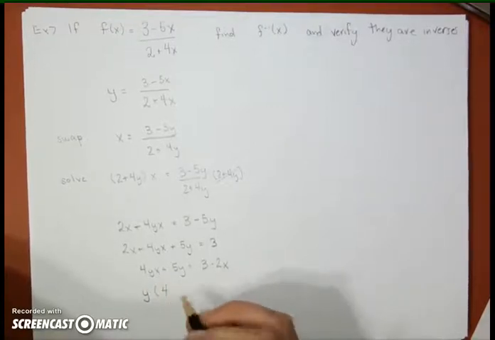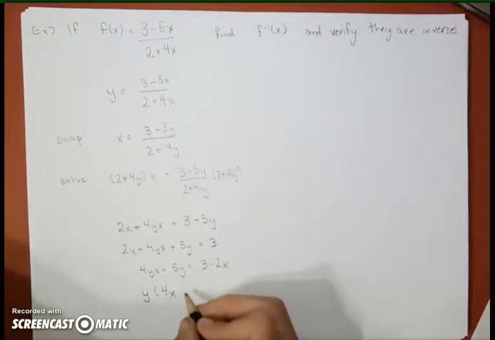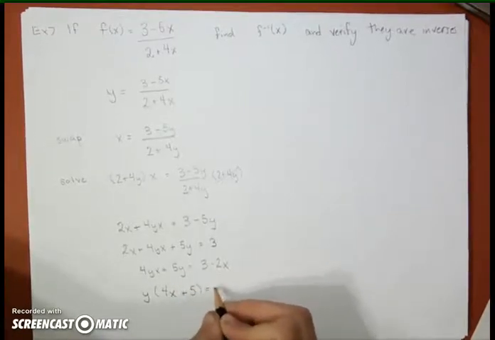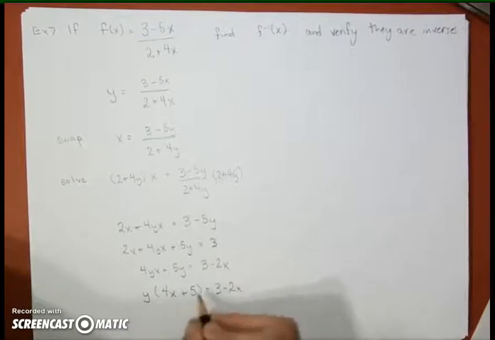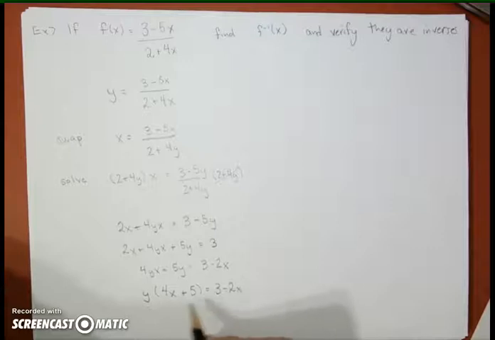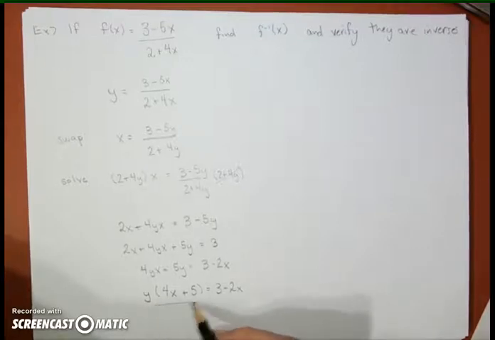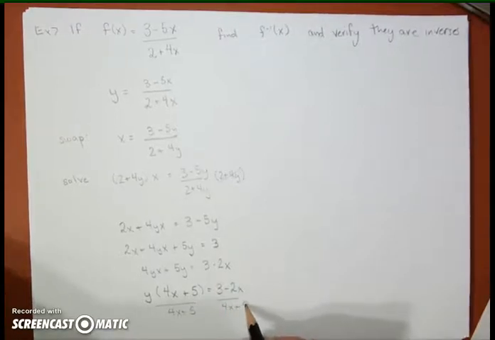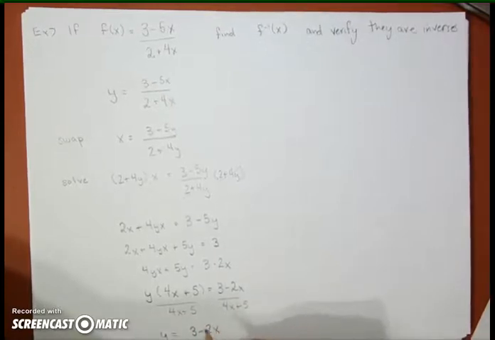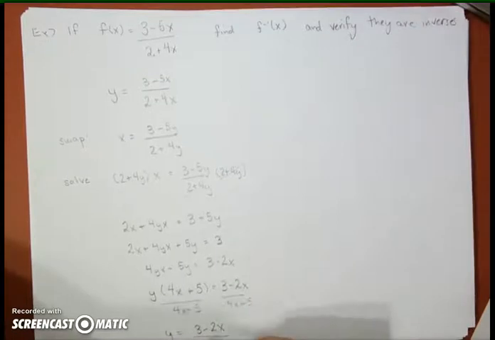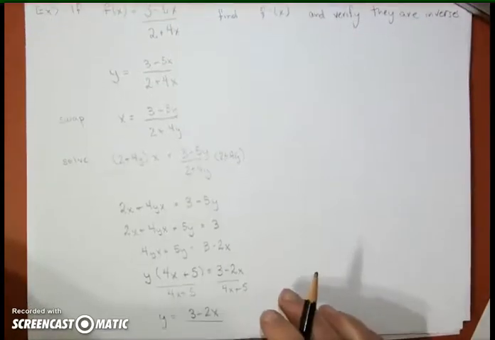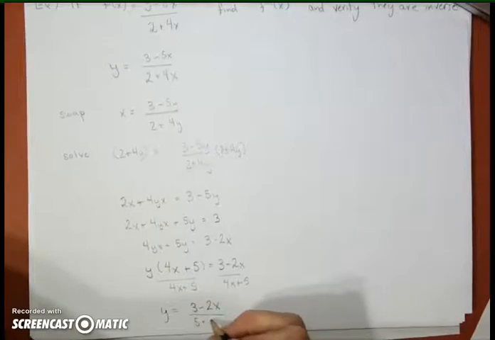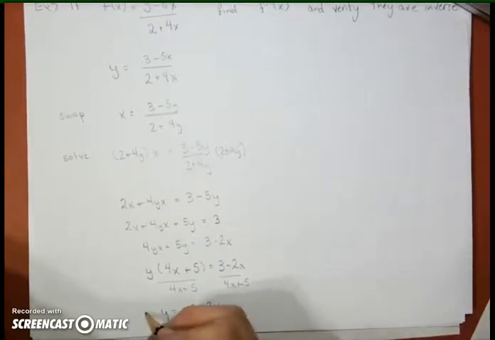In the first term, when I pull out y, I'm left with 4x. From the second term, I'm left with just 5. And the other side doesn't change. I haven't changed the expression at all. Now to isolate y, I just need to divide both sides by 4x plus 5. So I get y equals 3 minus 2x over, and I'll just switch the order of these, so 5 plus 4x. That's no different. So this is f inverse of x.